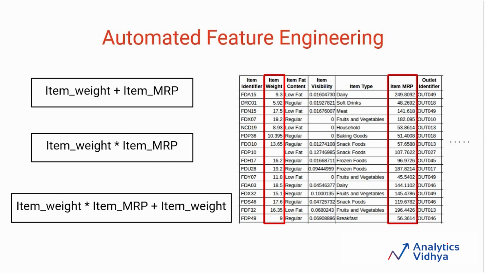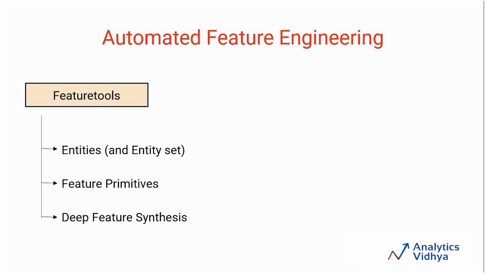Now, this also is where the concept of deep feature synthesis comes into play. Deep feature synthesis stacks multiple transformation and aggregation operations. Although feature tools is able to create all these mathematical features automatically, there's one thing you should keep in mind.